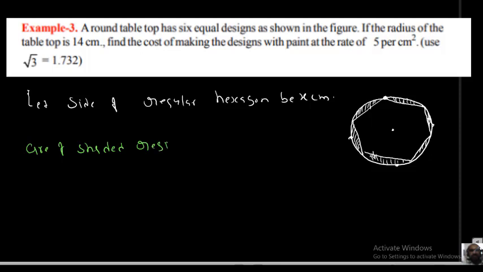Area of the shaded region equals area of the circle minus area of the hexagon. Area of the circle is pi r square. Area of the hexagon, you will get 6 equal triangles, each 3 by 2 side square, that is x square.